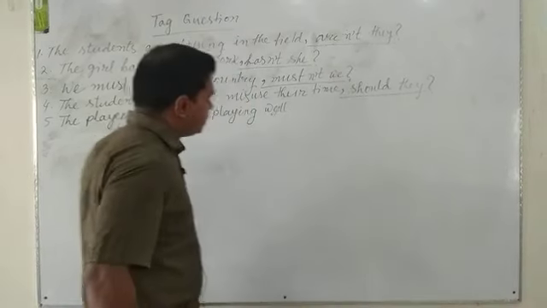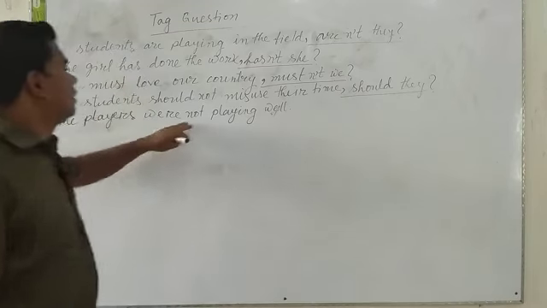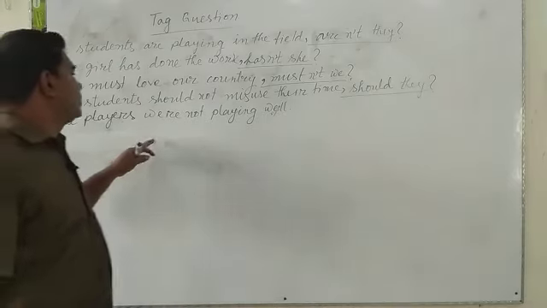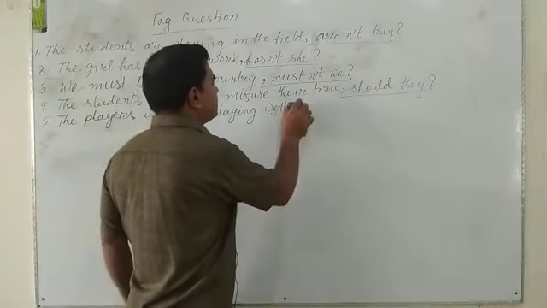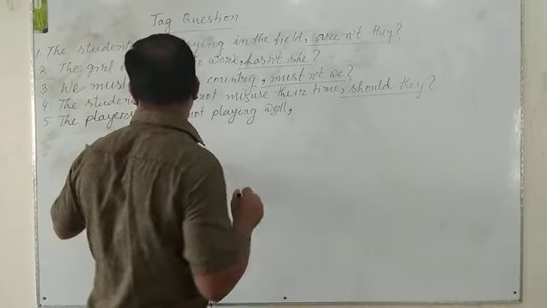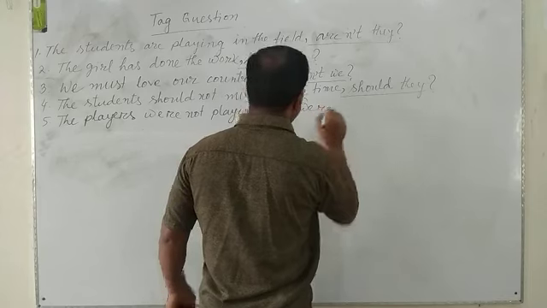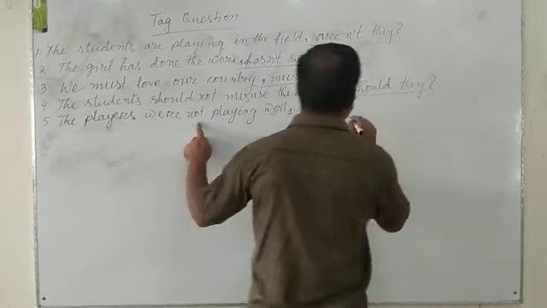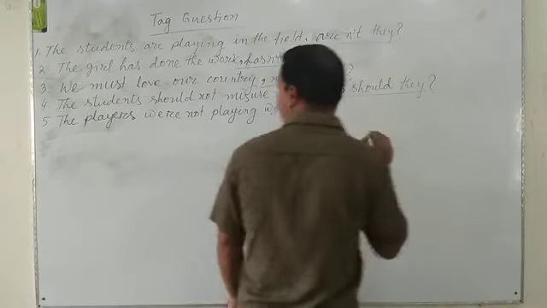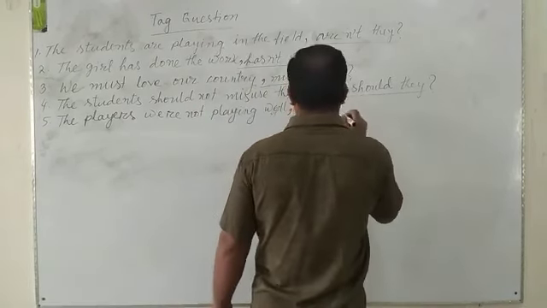It is also a statement. It is a negative sentence. So we will omit first the full stop and then use a comma. Then the operator of the sentence is were. And it is a negative sentence, so we need not use not in the short form. So we will only use the pronoun of the subject. What is the pronoun of the subject? They.